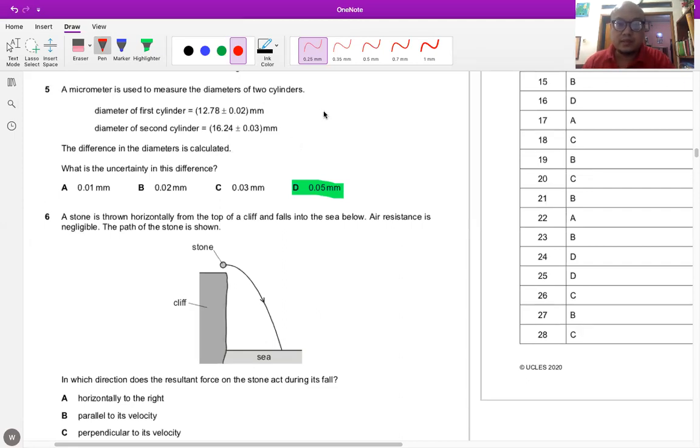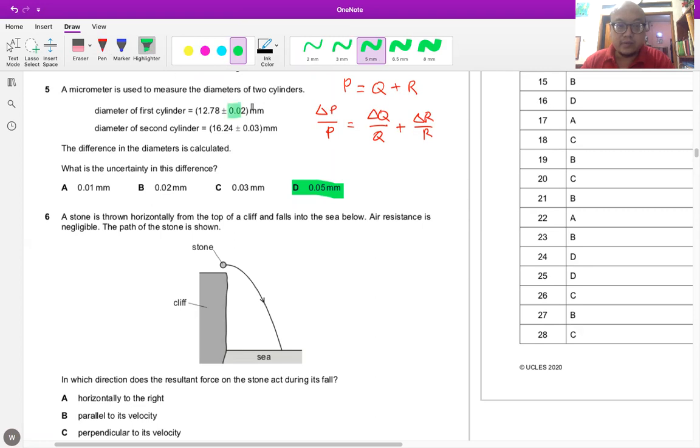This is like uncertainty as adding. Let's say we have P equals Q plus R. So delta P over P is something like delta Q over Q plus delta R over R. It means we are adding this 0.02 and 0.03.